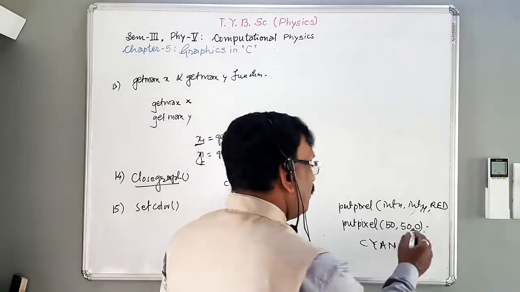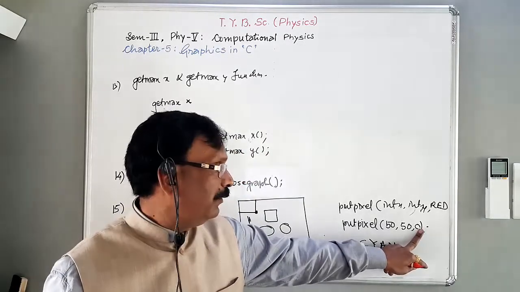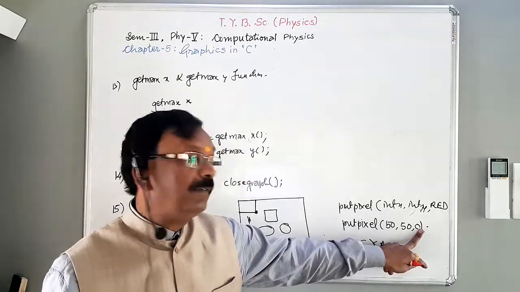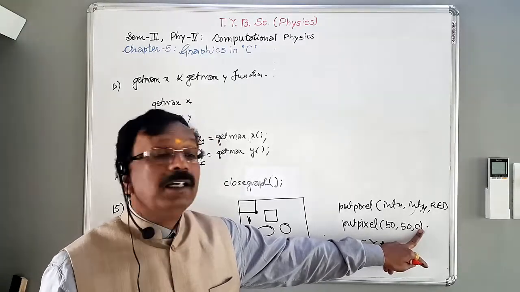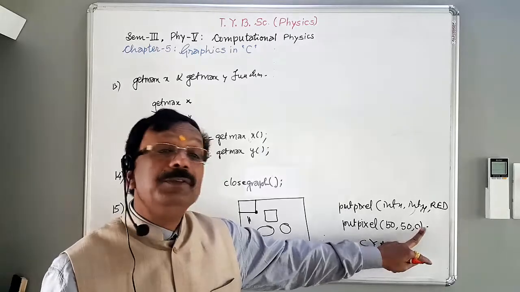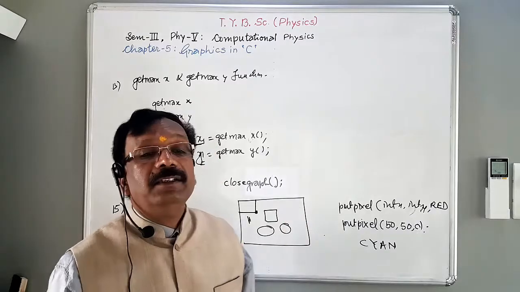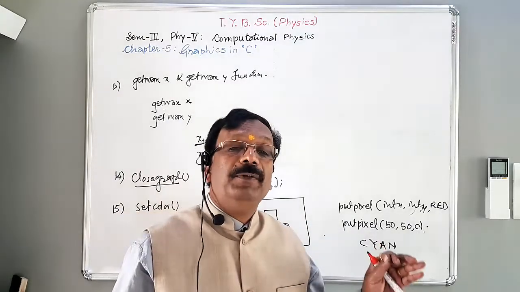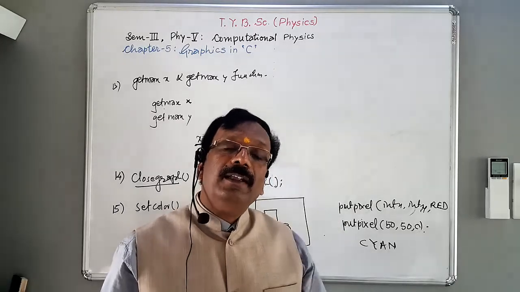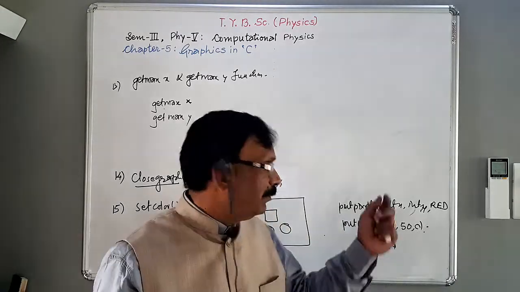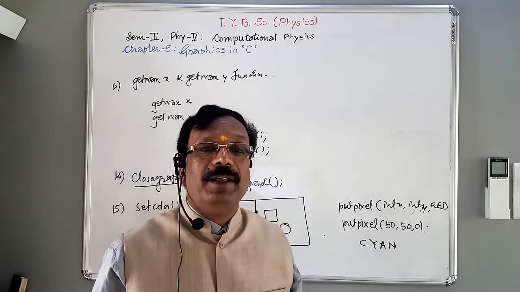And when we use 4 here, then color of the pixel is red. When we use 5, the color of the pixel is magenta. When we use 6, brown. When we use 7, light gray. When we use 8, dark gray. When we use 9, light blue. And when we use 10, the color of the pixel is light green. And there are again some numbers specified for different colors, and that will be seen in the program.